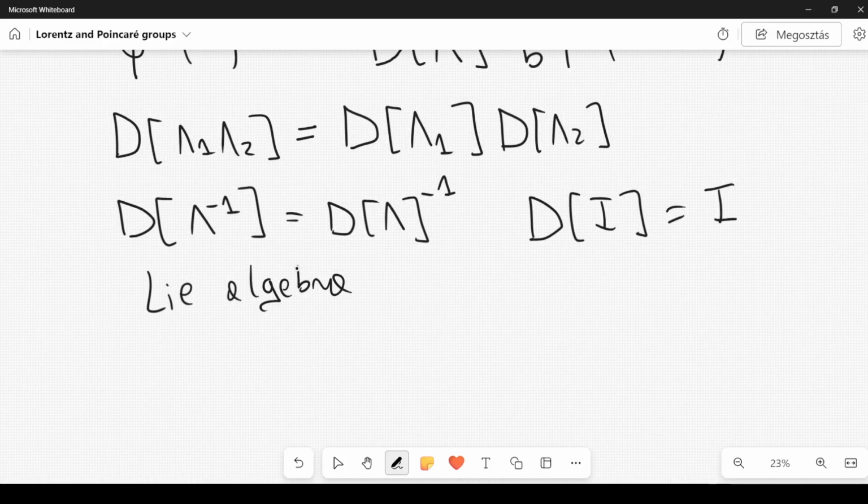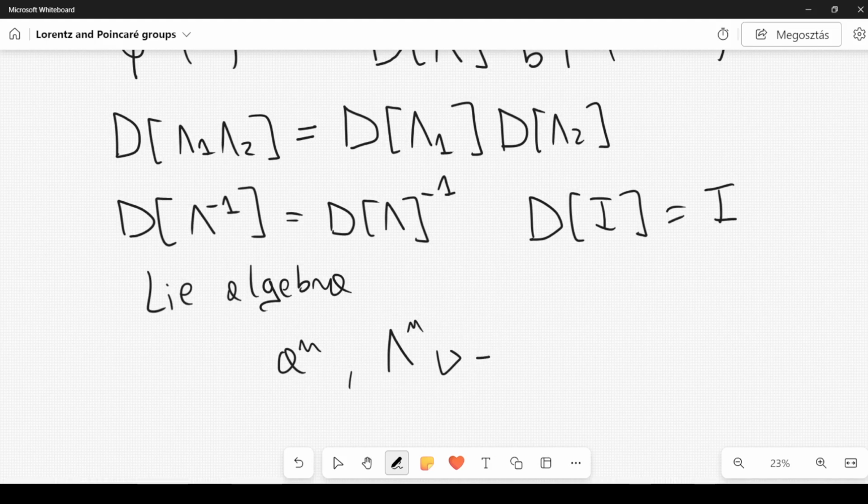But in order to study the properties of the Poincaré group, we consider infinitesimal transformations, infinitesimal Lorentz transformations. So, for example, for a Poincaré group where we have a translation parameter a^μ and a Lorentz transformation Λ^μ_ν, we are really considering an infinitesimal Lorentz transformation.